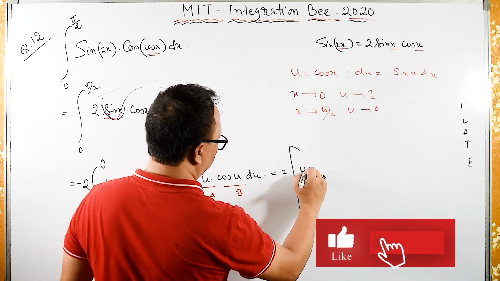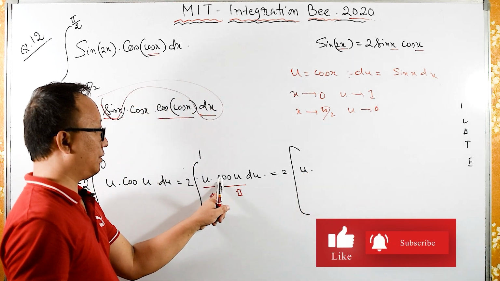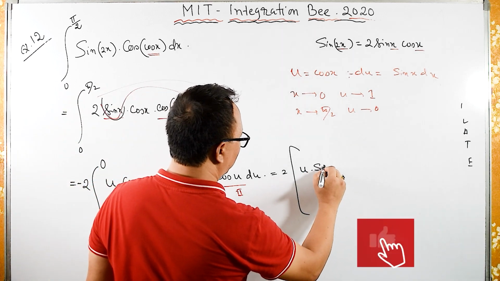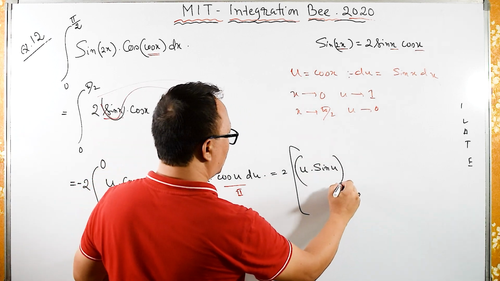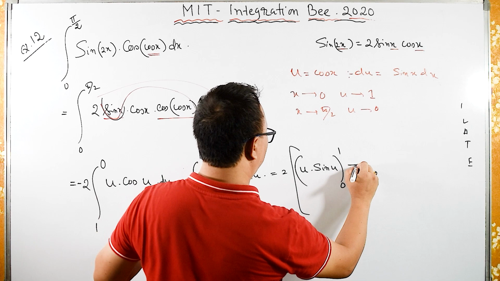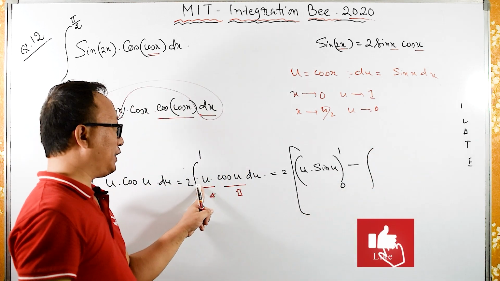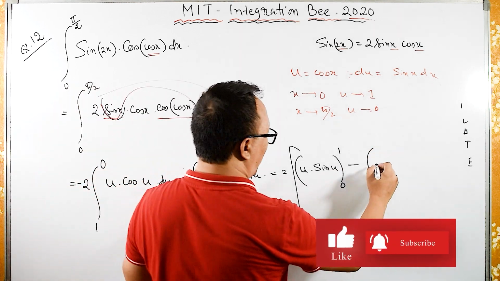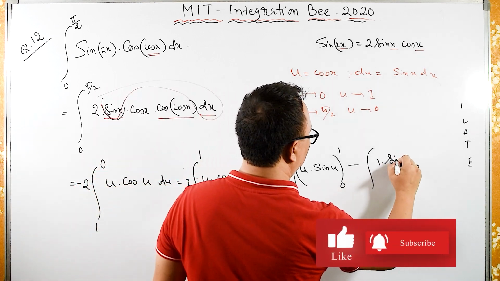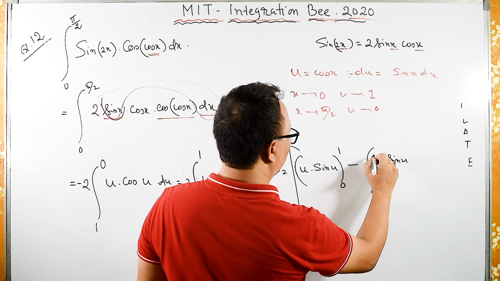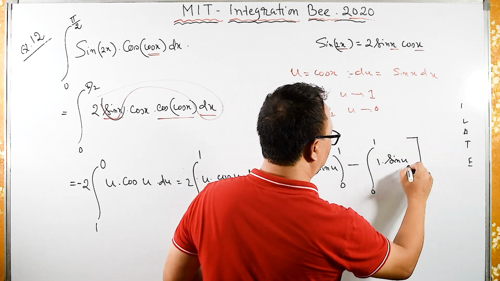U as it is, integration of cos is sine. Yeah, we have sine of u, and then limit is from 0 to 1, minus integral differentiation of u is 1, and then integration of cos is sine of u, and limit is from 0 to 1, and then du.